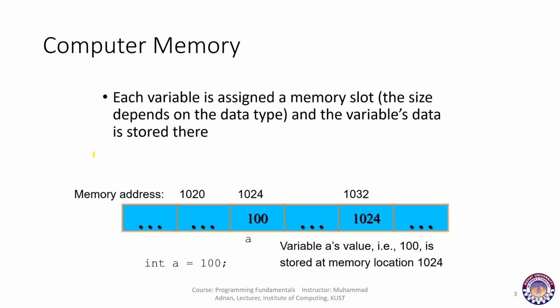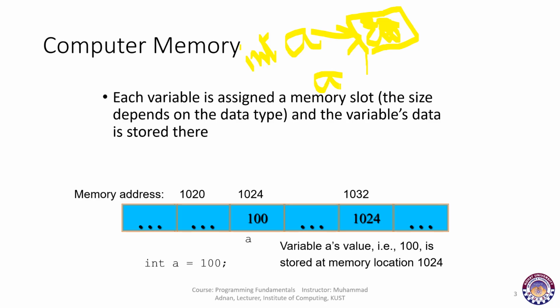For example, if you declare a variable called a as an int variable, then a memory slot is created for this variable, and inside memory you save some data, and this memory slot is given a name called a, and it also has an address.